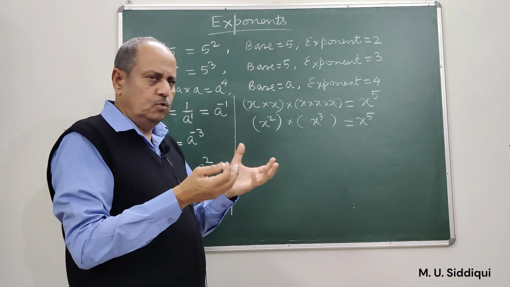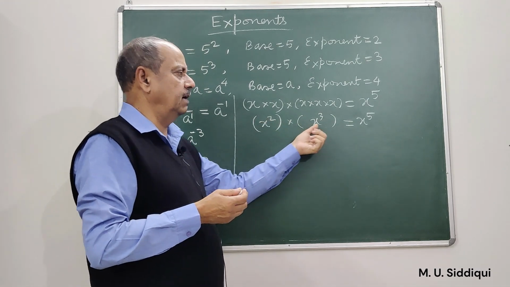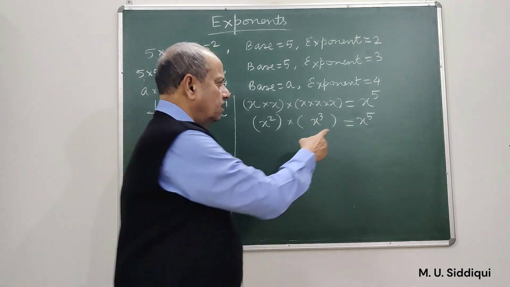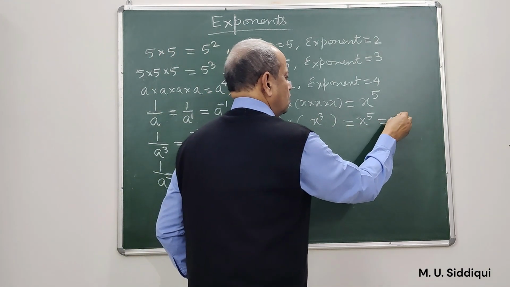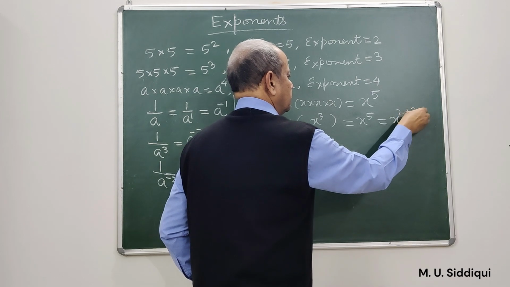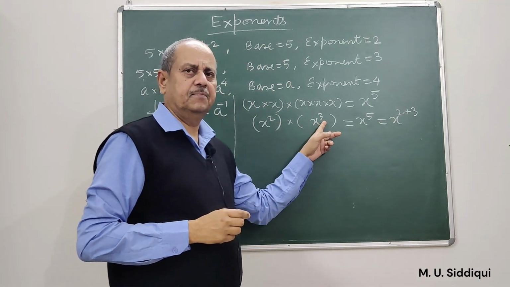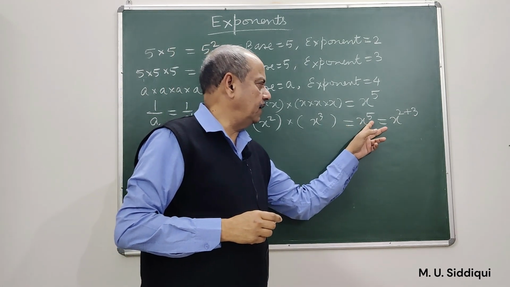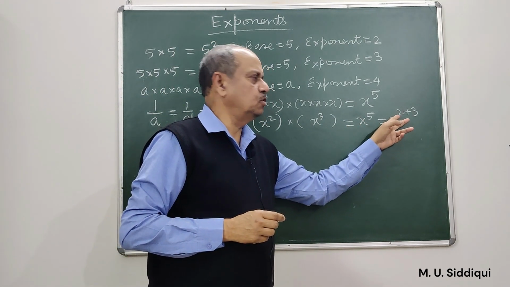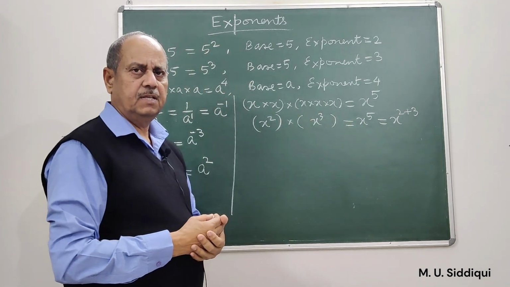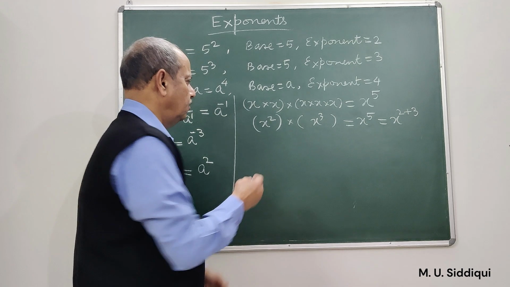If you take these groups, x square multiplied with x cube, you get x to power 5, and x to power 5 is actually x to power 2 plus 3. 2 was here and 3 was here. So you have obtained 5, which is actually x raised to power 2 plus 3. Similarly, you can take more results and generalize. How?